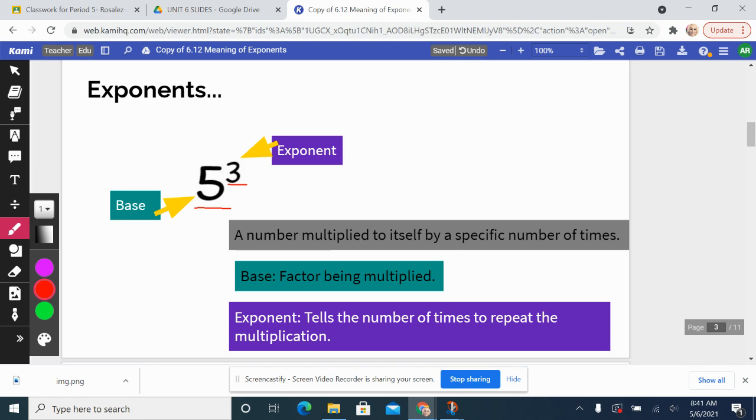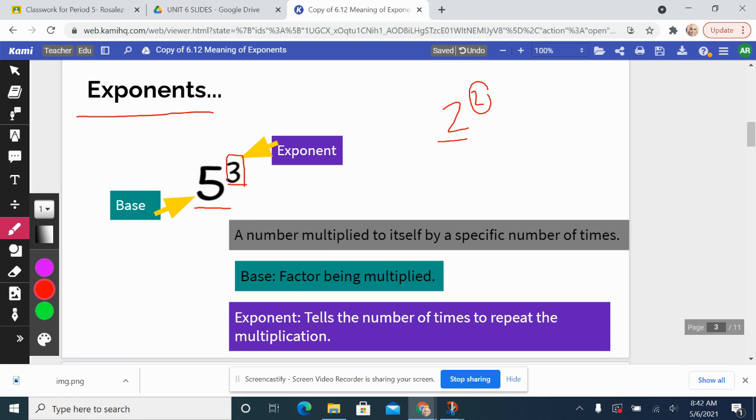Okay, so that larger number that you see, that 5, that is the base. So let's say, for example, you saw 2 squared, right? This 2 would be the base, right? Now, this little number that is set above, and it's usually very little, that is the exponent. So what you need to know about exponents is exponents are just the number multiplied to itself a specific number of times.